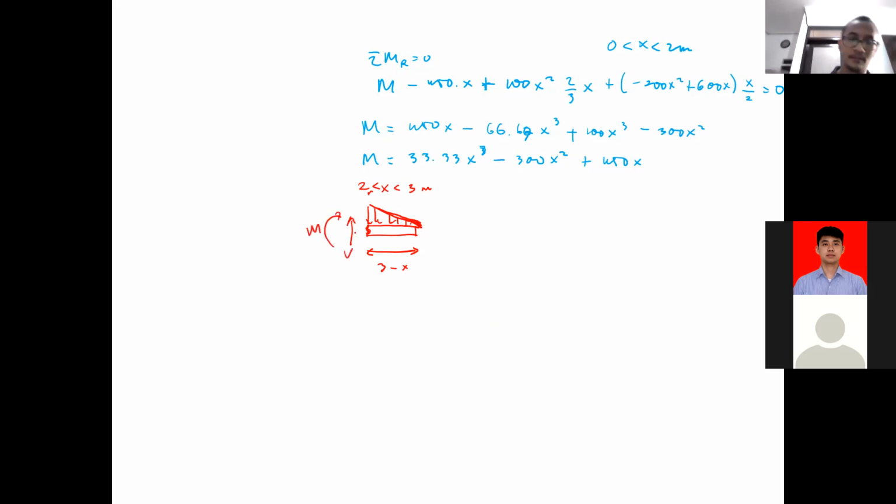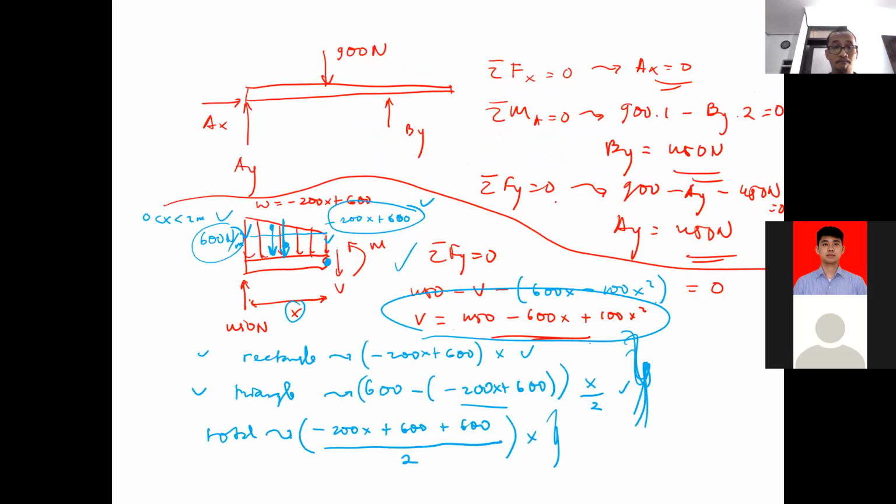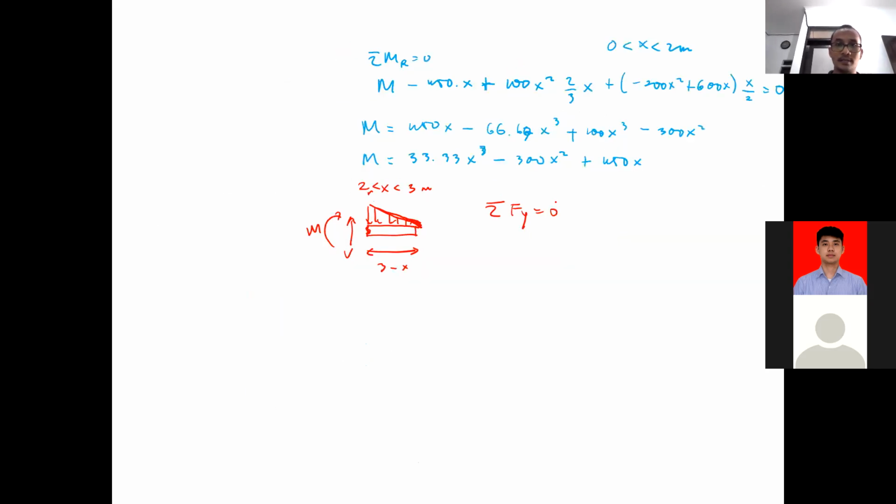Right. So this is our free body diagram. And as usual, we can solve for the phi using sigma Fy equal to 0. The equation is still the same because we still use x, right? And the equation there is W is equal to minus 200x plus 600.